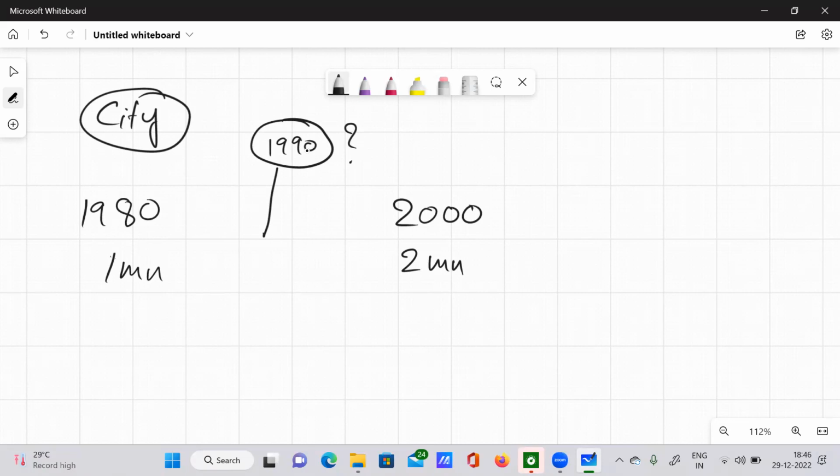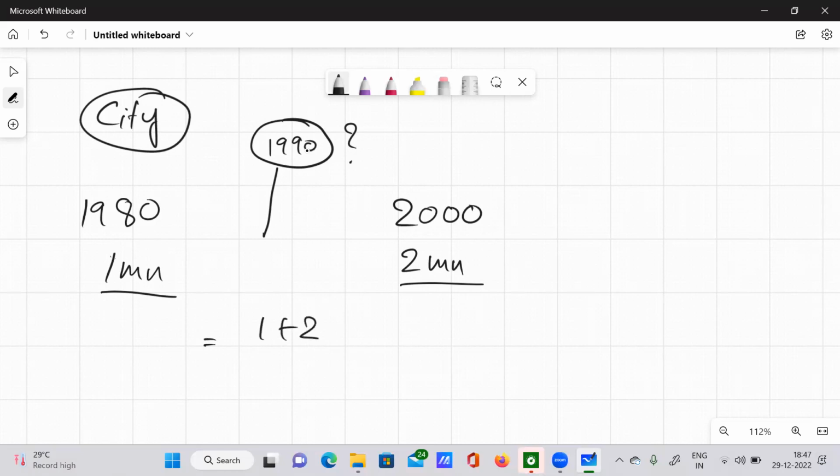So if we use the arithmetic mean, what would be the answer here? We simply have two values, that is 1 and 2. The arithmetic mean is the general mean we usually use, right? The mean is nothing but the sum of all values divided by the total number of values. So what are the values here? 1 million, 2 million, right?